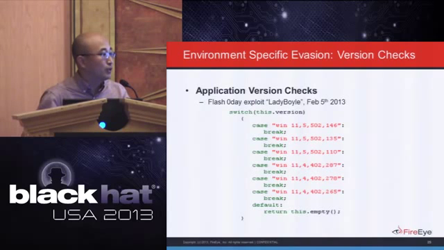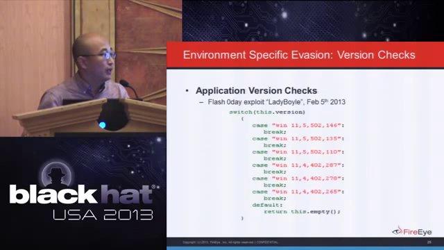When exploits try to attack, they want to make sure the target system is running the expected vulnerable application they are looking for. This is a case study of a Flash 0-day that happened in February.